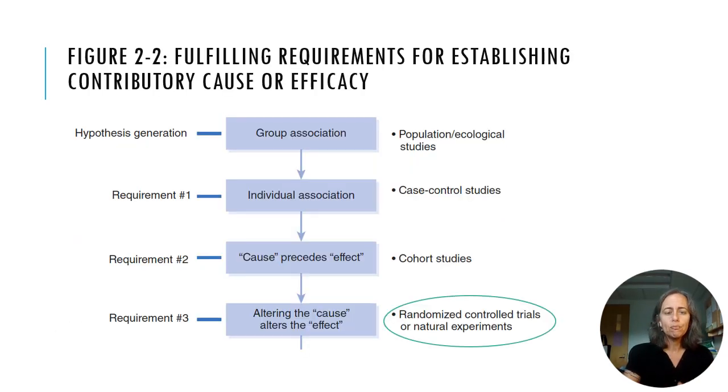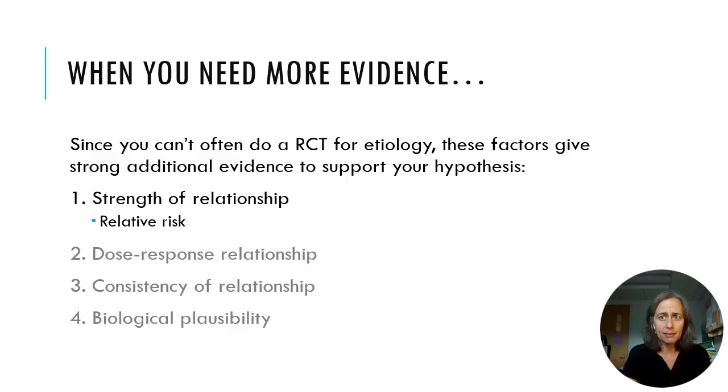So what do we do? Because requirement 3, right, altering the cause alters the effect, we need some kind of randomized controlled trial. And we often can't do that when we're trying to understand the causes of disease. So there are other ways that we can get more support or strength to suggest that we're really on to something.